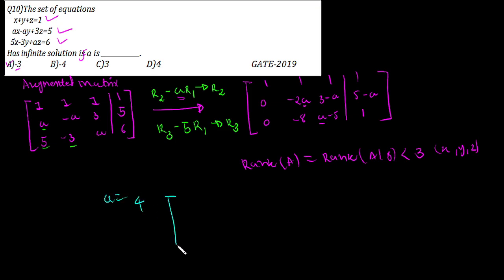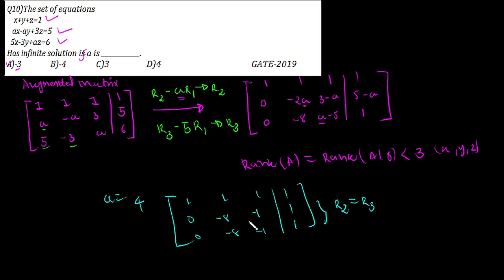Now our resultant augmented matrix will look like this: 1 1 1, and here this entry is 1. Here 0, minus 8, minus 1, plus 1, and 0, minus 8, minus 1, and here plus 1. Now you can see the second row and third row are exactly identical. So row 2 is exactly the same as row 3.